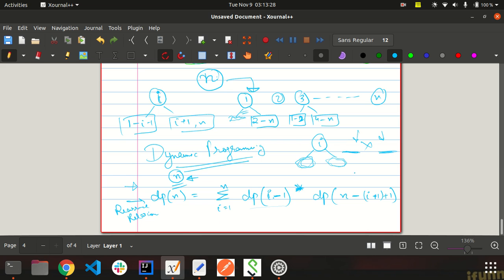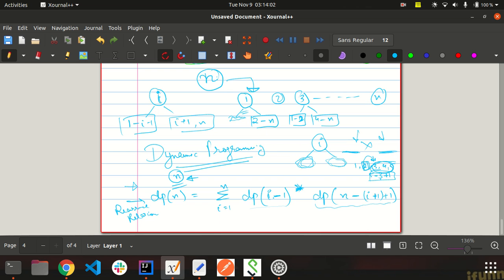Let's take the case of 5 numbers. When we choose 2 as root, 5 minus i plus 1 is 5 minus 2 plus 1, which is 3 plus 1... So on its right-hand side we have 3 nodes.